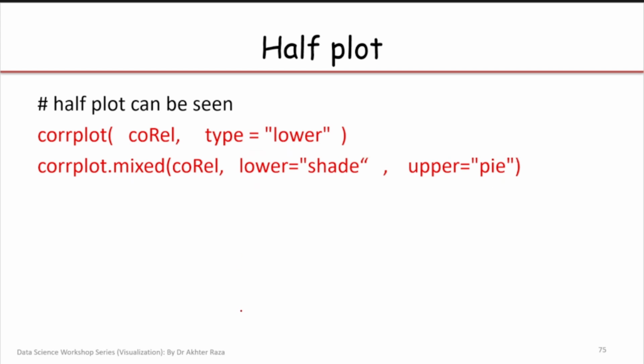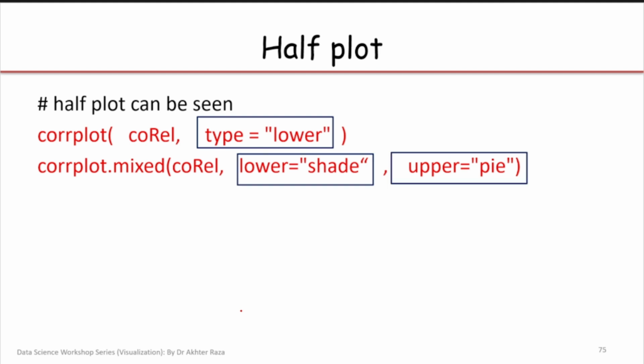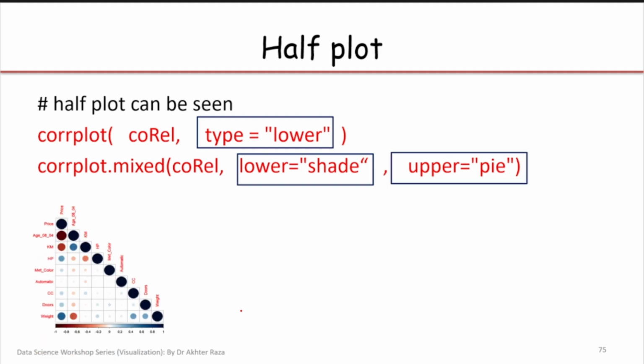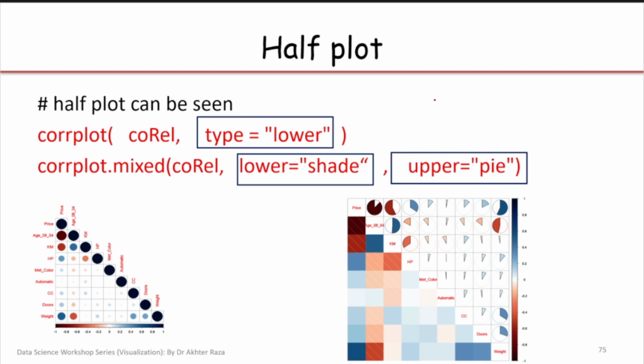So the outputs of these two commands will be, one is this, where only the lower part is shown. In the second output, the lower and the upper are both shown, but on the lower side, shades are there, and on the upper side, pies are represented.